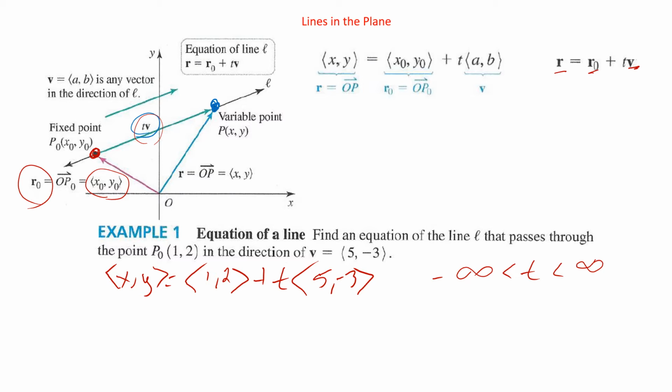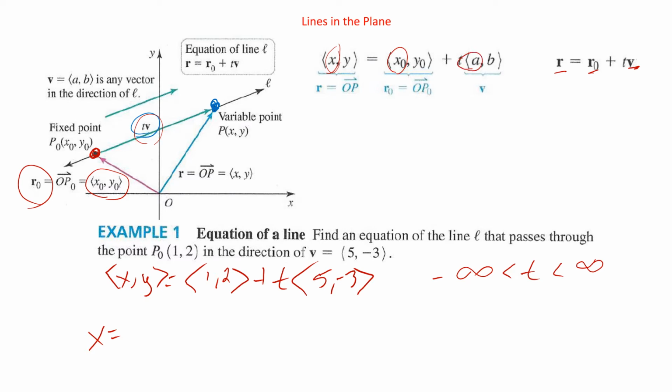We could write this in polar coordinates. Or not polar, I'm sorry, parametric coordinates. We could write it in polar coordinates as well, but we're not going to. We could write it in parametric coordinates. Parametric, we're just going to have x equals something and y equals something. Well, x is going to equal x naught plus t times a.